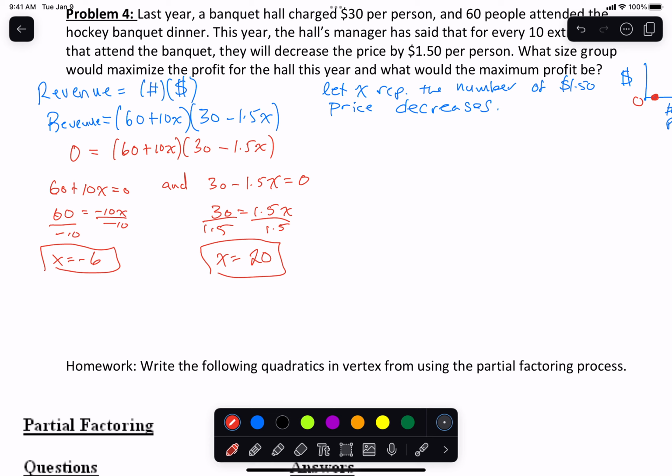Those would be the two numbers of price decreases or increases where the banquet hall makes no money.